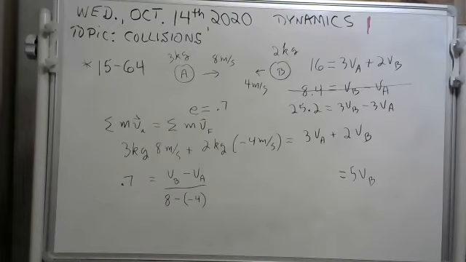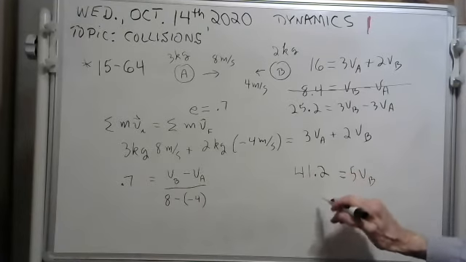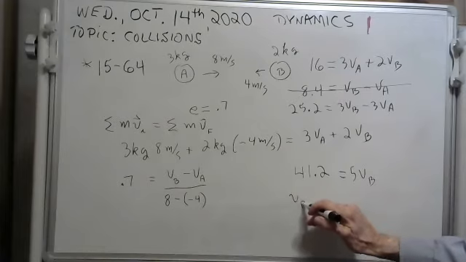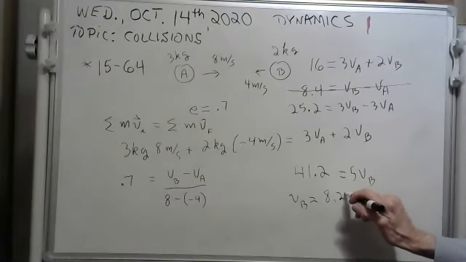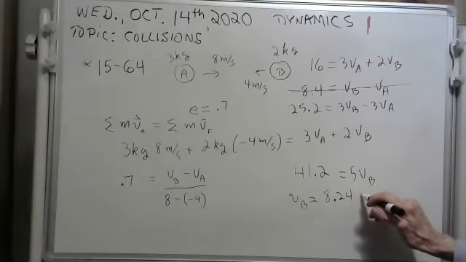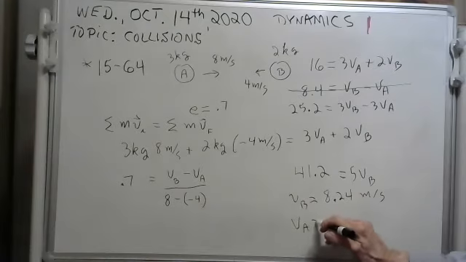That's too hard for me, but my calculator can do it. I'm getting 41.2. So VB is equal to 8.24 meters per second.